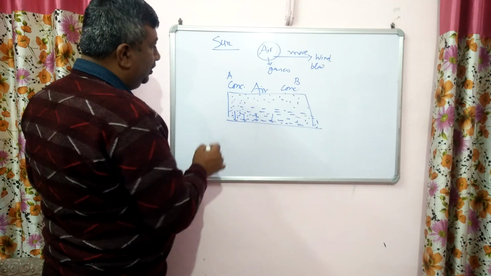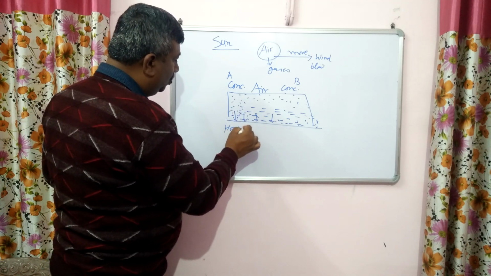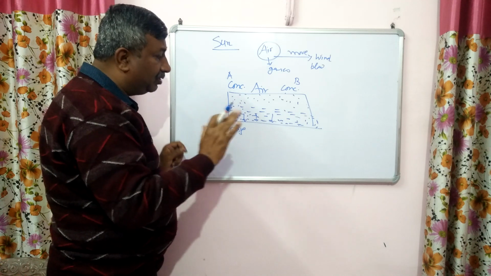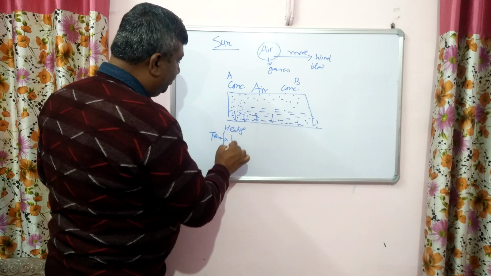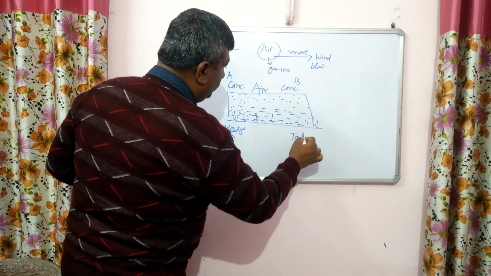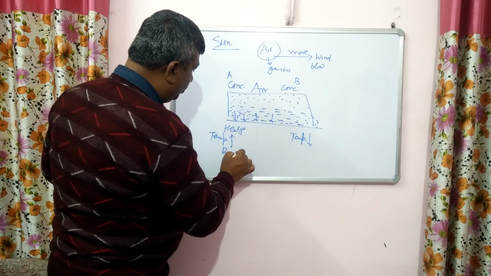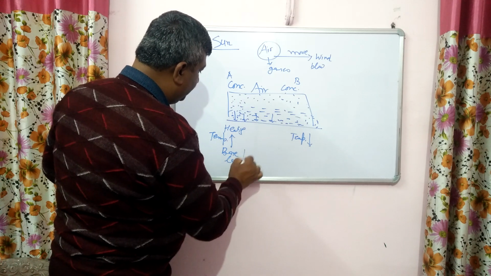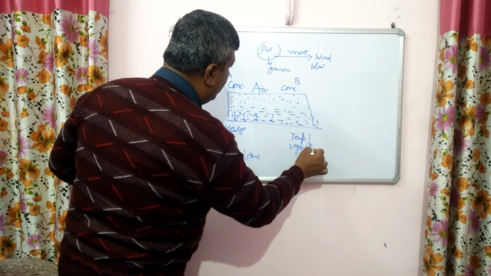Suppose there is more heating due to some factor. We will discuss which factor later. Suppose there is heating and the temperature is higher here, and here the temperature is low. For example, here is bare land and stone, and here vegetation and trees are there.